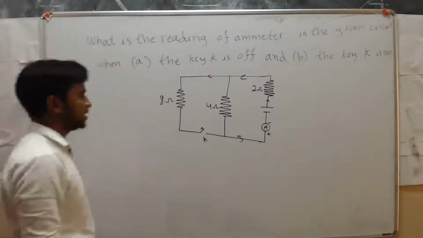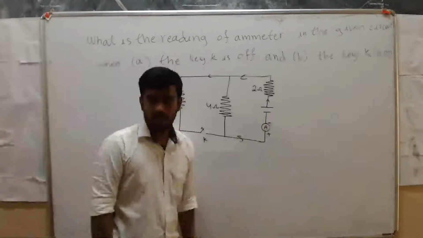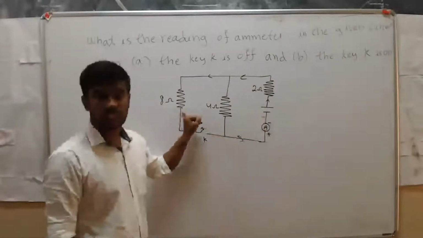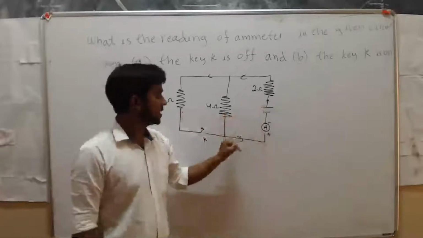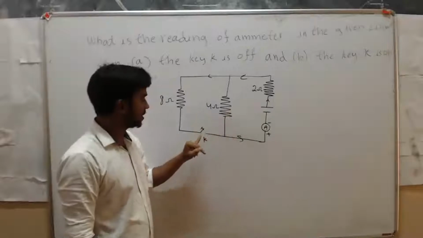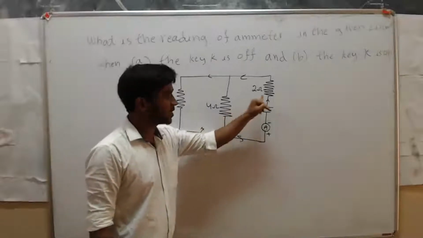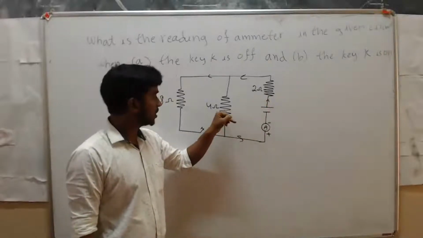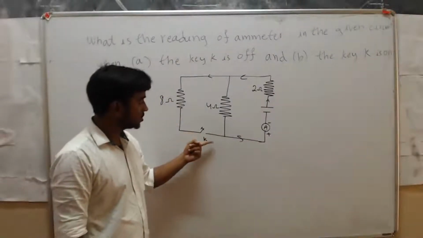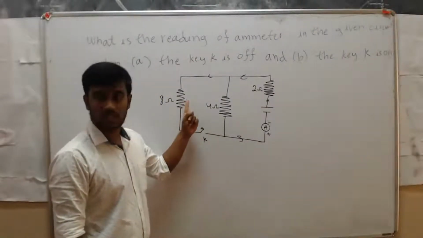See here, when the key is off, electrons flow through this resistor, but these two are connected. When the key is off, still these two resistors are connected. There is no current through this resistor. When the key is on, then the current flows through this resistor also.